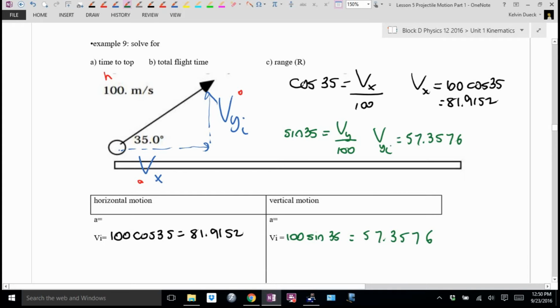Okay. You'll notice I really haven't started solving anything but slanty components. Let's go to my t-chart.